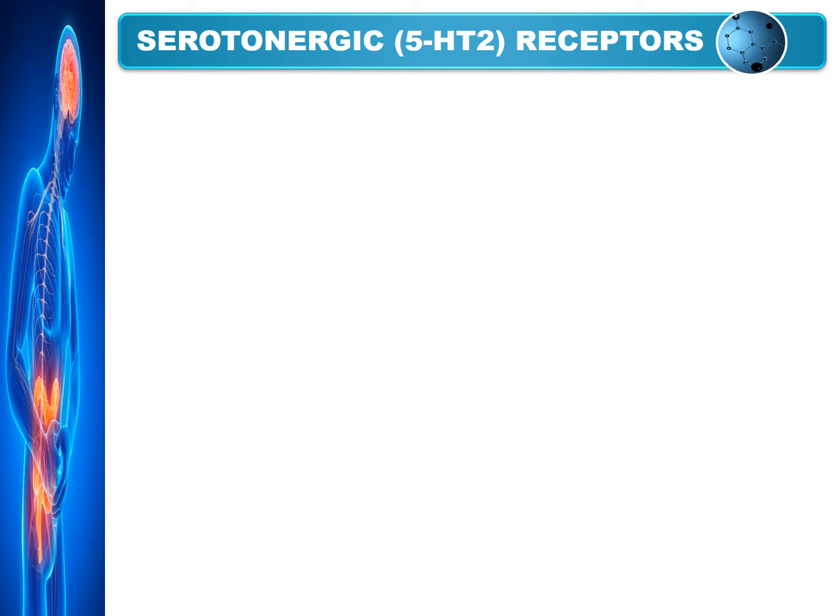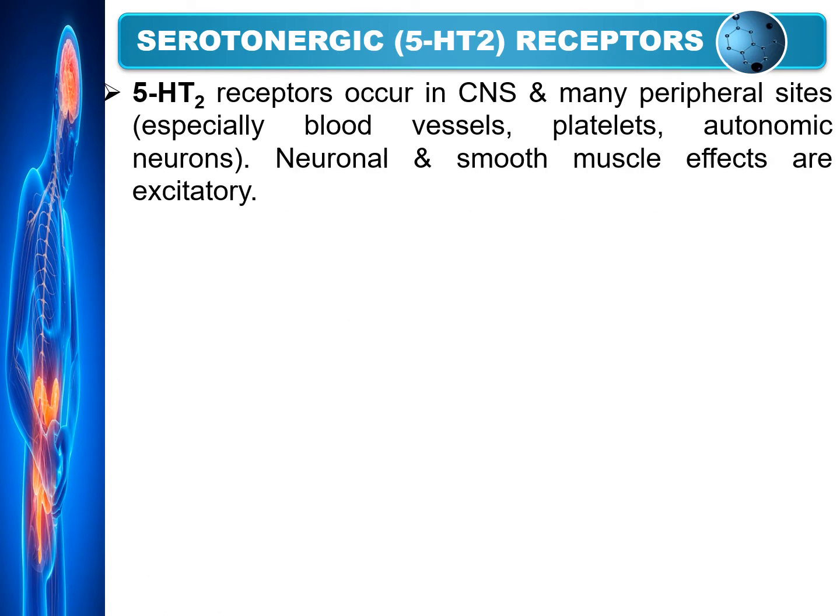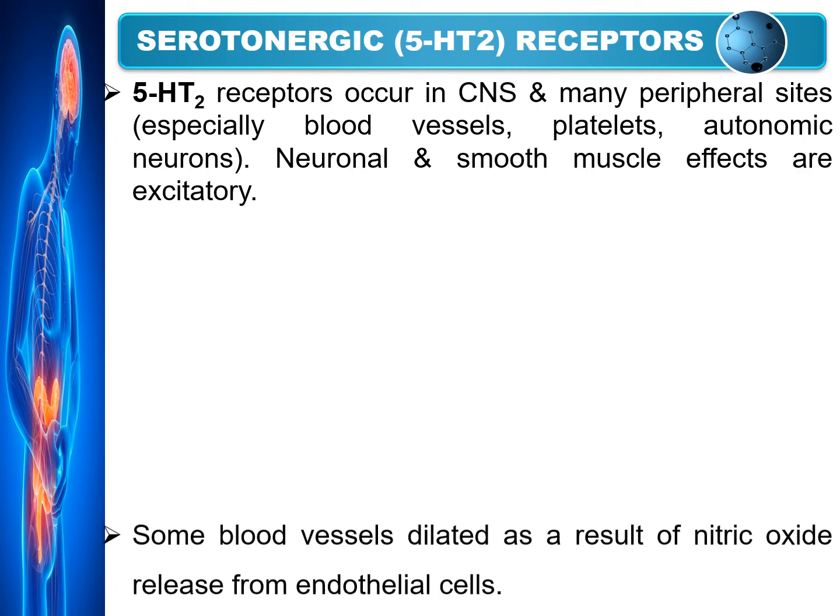Then the second serotonergic receptor is the 5-HT2 receptors. These receptors occur in the CNS and many peripheral sites, especially blood vessels, platelets, and autonomic neurons. Neuronal and smooth muscle effects are excitatory.